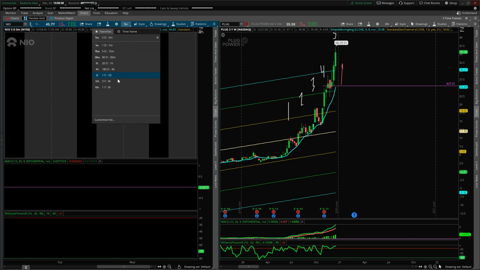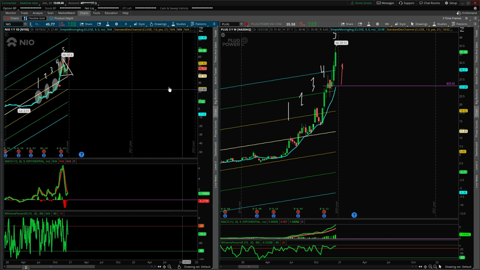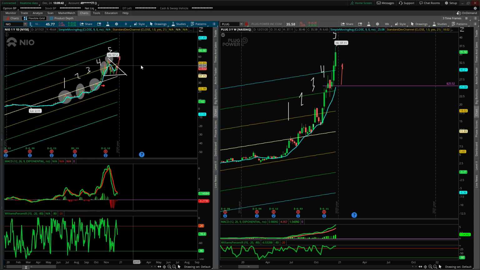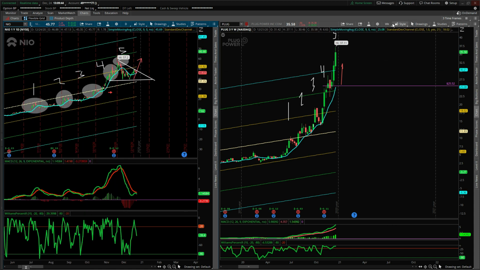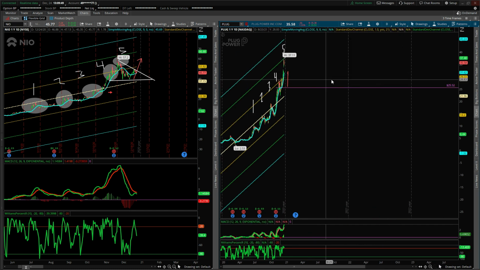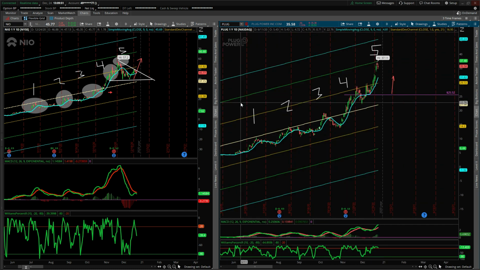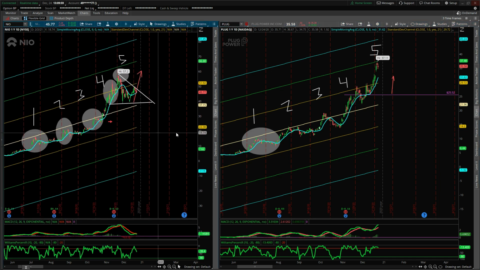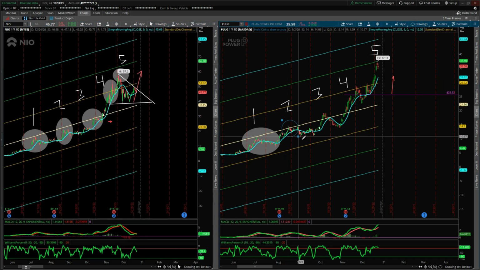So here's Neo. We'll pull it up on the daily time frame on the left screen. And then we'll pull up Plug on the daily time frame. And you can see here's our step 1 on Neo, step 1 Plug. So I'll go ahead and just copy all of this onto here. So 2, we can see basically the stairs forming.